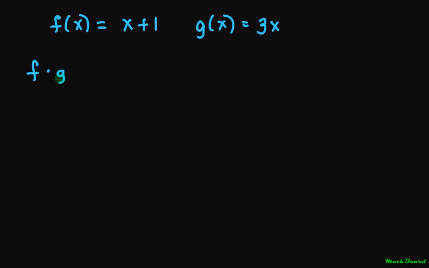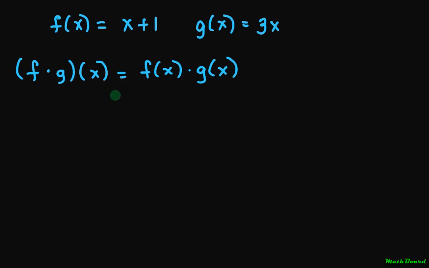How about we have multiplication? Say we have f of x equals x plus 1, g of x equals 3x. So therefore, to find the value of f times g of x, this is just a product of f of x and g of x.